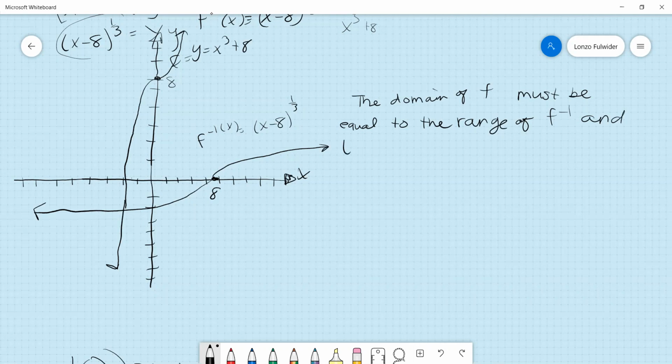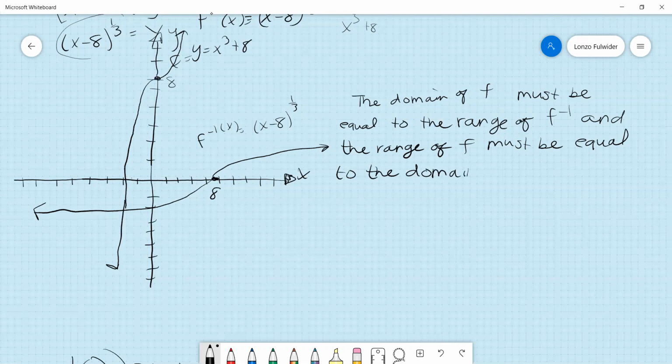And the range of f must be equal to the domain of f inverse. Okay, so let's look at the range of f inverse.